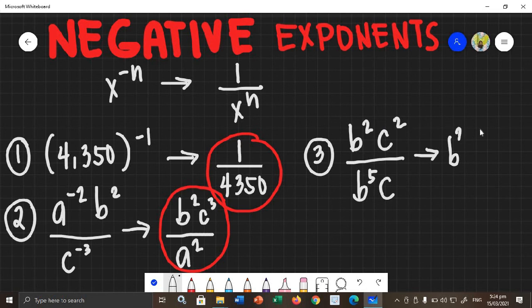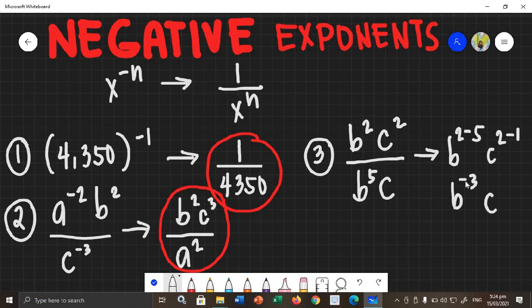Okay, so we have 2 minus 5. And then we have C, 2 minus 1. Okay, so we have B raised to 2 minus 5, the answer is negative 3. And C raised to 2 minus 1, the answer is simply 1. So, pwede nyo nang hindi isulat yung exponent kasi 1 lang din naman yun.